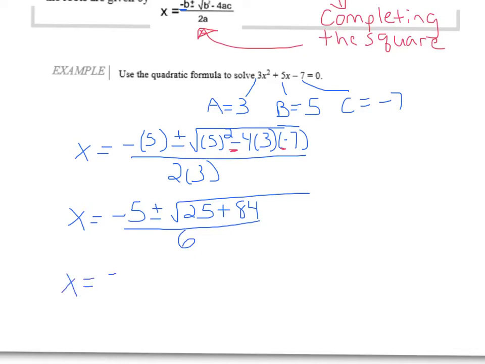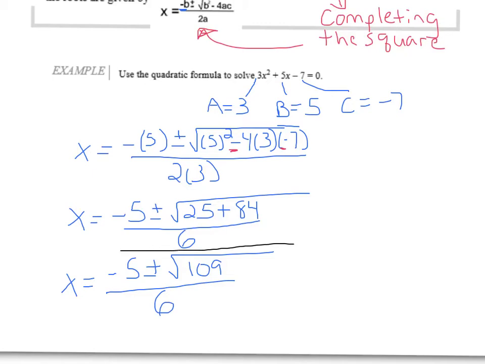So x equals -5 plus or minus the square root of 25 plus 84, so 109, all over 6. So these are our x-intercepts if we actually put it into the calculator and found out what -5 plus square root of 109 divided by 6 and -5 minus square root of 109 divided by 6 equals, then we have the two solutions. Go ahead, try the examples below.